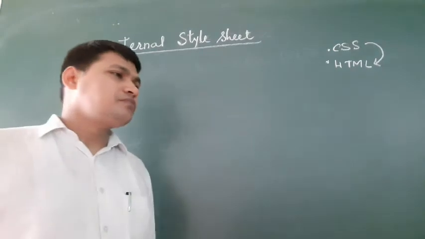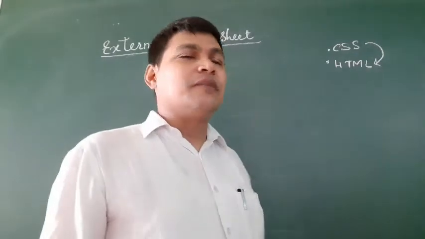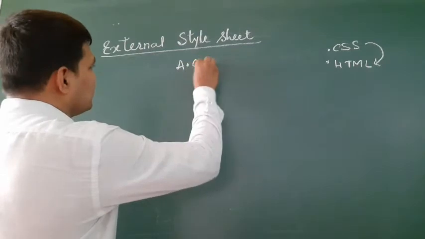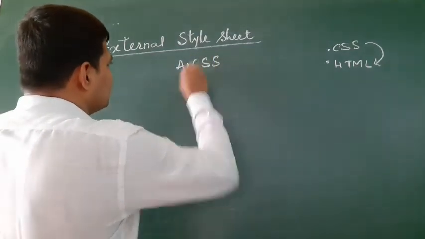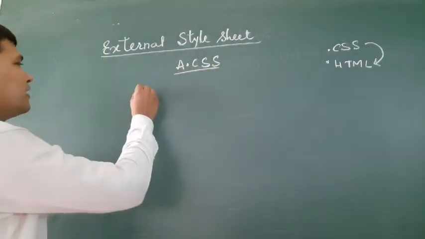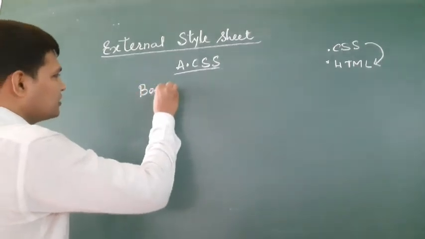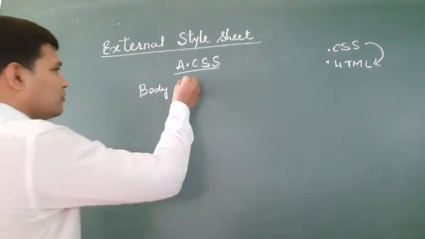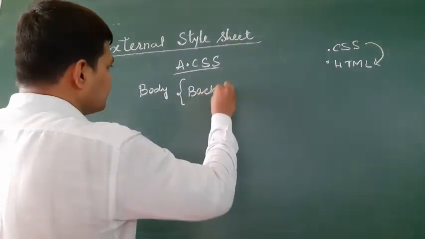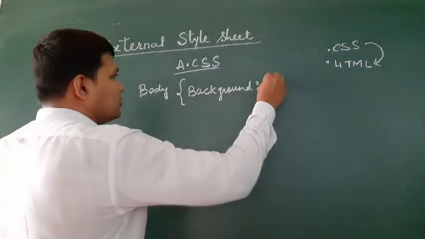How do we create it? Just go and open your Notepad and simply type this text. For example, I am creating a file named a.css, defining the formatting of the different elements or selectors. The first selector of the CSS file will be body, and we are setting background equal to red.